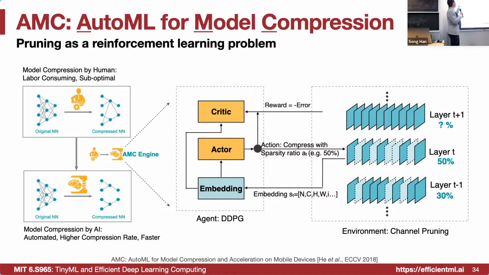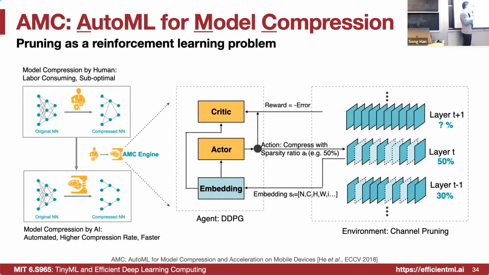With that, we propose AutoML for model compression. Rather than a human deciding how much to prune each layer, we want an agent to automatically figure out how much to prune for each layer. Here we use a reinforcement learning agent to do the job.